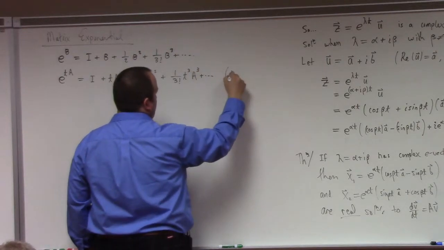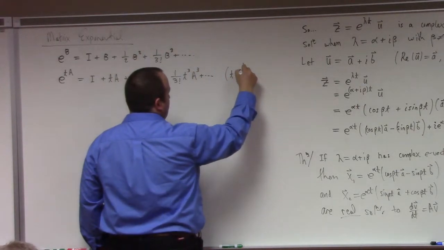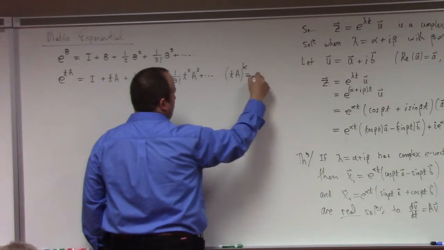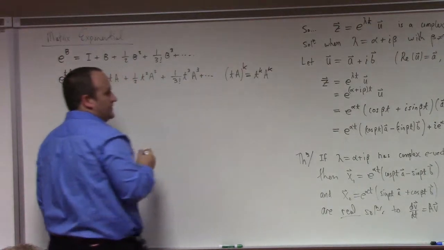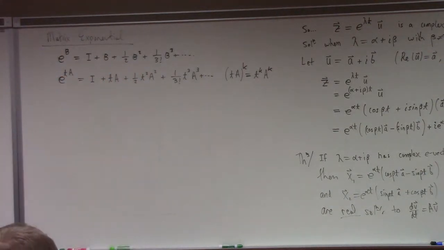The reason is that if we take tA and raise it to the k power, that's just t to the k times A to the k. That's basic matrix math: if you take a scalar multiple of a matrix, we can raise the scalar to the same power as the matrix.